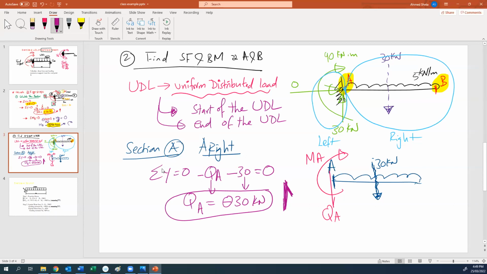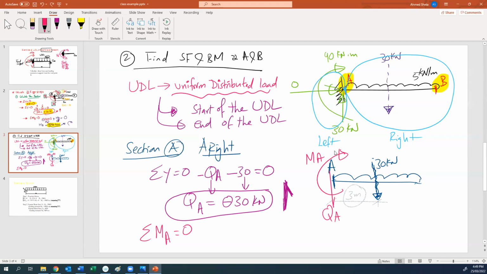Okay. And the next step is to apply summation moment at A equal to 0. We will have 30 kilonewton, the distance is 3 meters. I will start with the moment first.